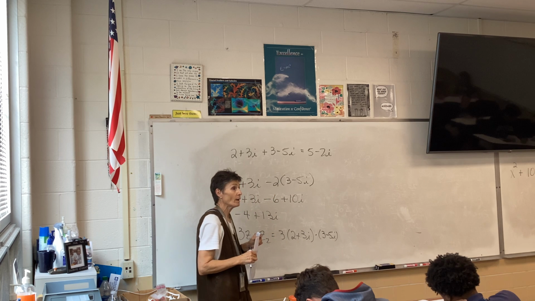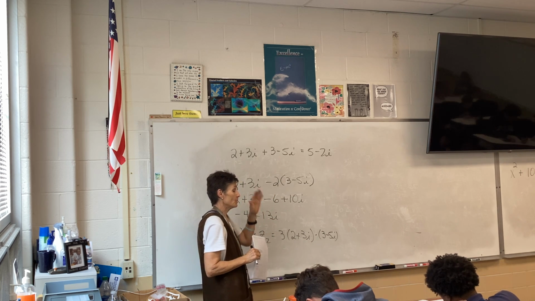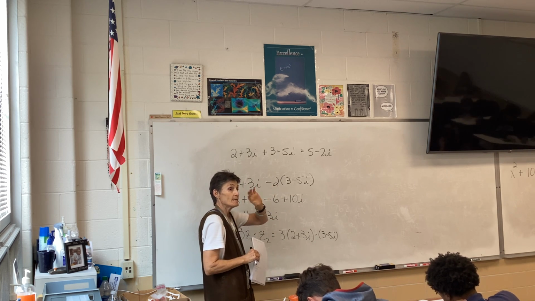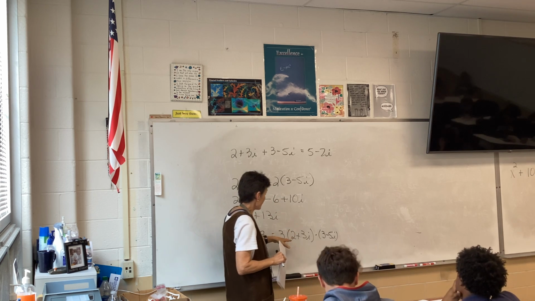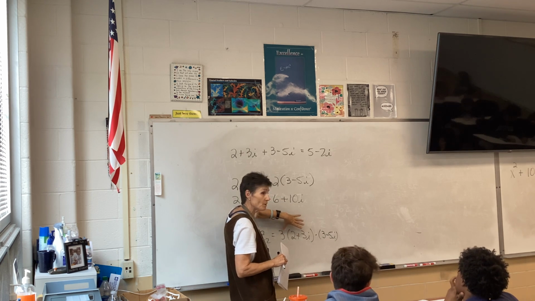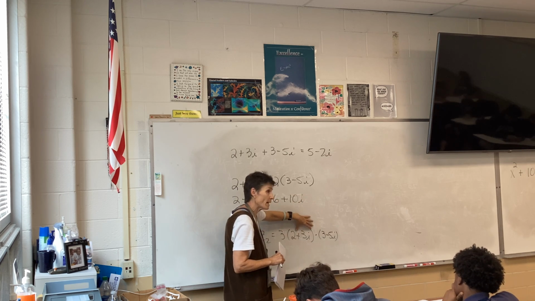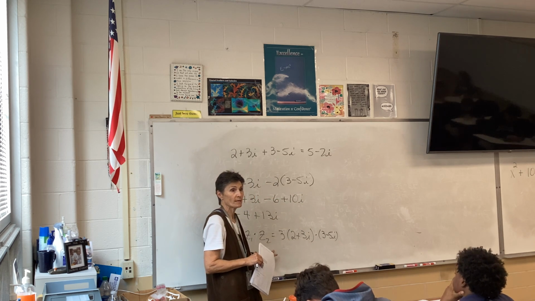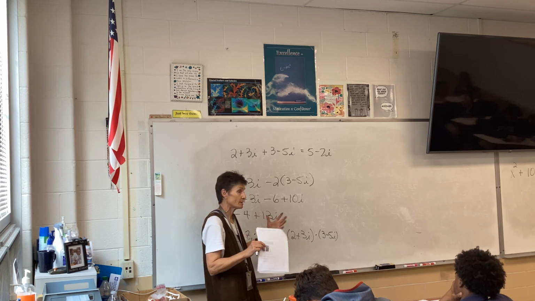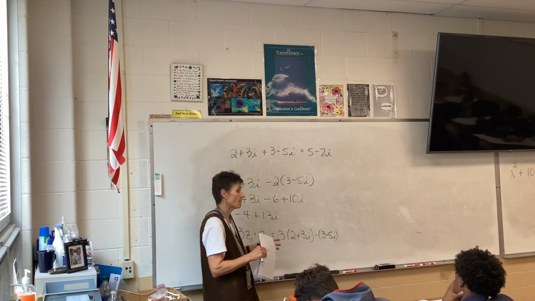I heard somebody say FOIL. It was me. Now, you were right, we're going to FOIL. Now, here's the deal though. You can either distribute the 3 and then FOIL, or you can go ahead and FOIL and then distribute the 3. Multiplication is commutative, so the order you do it, and it's associative, the way you group it doesn't matter.